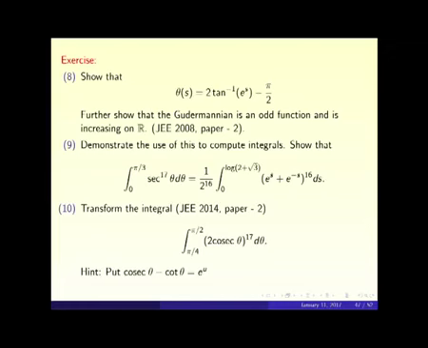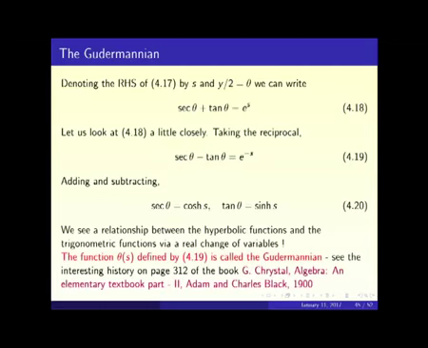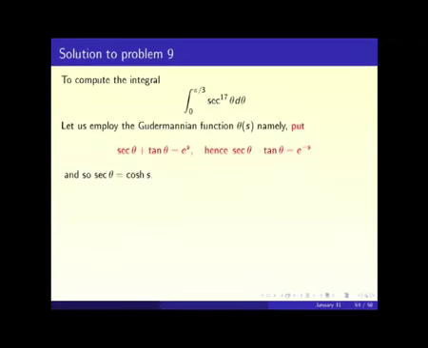So how do you do this? Put secant theta plus tan theta equal to e to the power s. So what do you get? You get secant theta equal to hyperbolic cosine s. So differentiate.